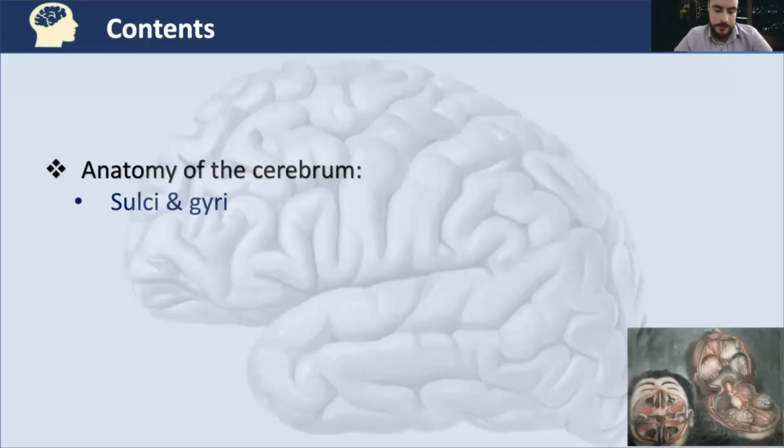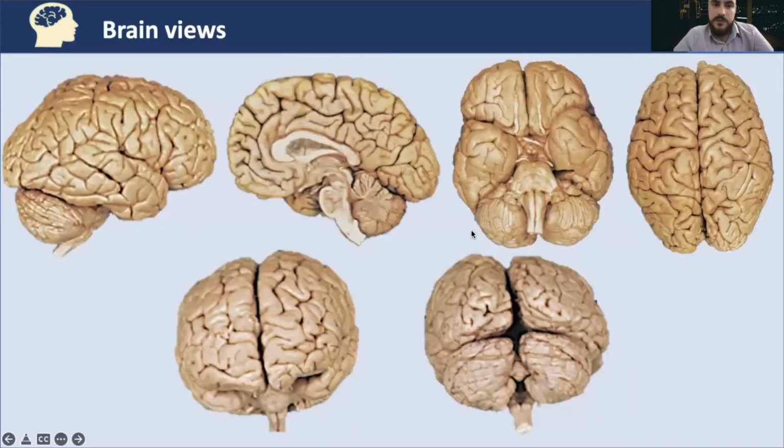so it's filled with the CSF also. Now, going from these very basic concepts of the sulci and gyri, let's see different views of the brain. We have multiple brain views, for example, lateral view, medial view, inferior view, superior view, anterior and posterior views. In each view, I can see different structures. For example, in the lateral view, I can see the sylvian fissure.